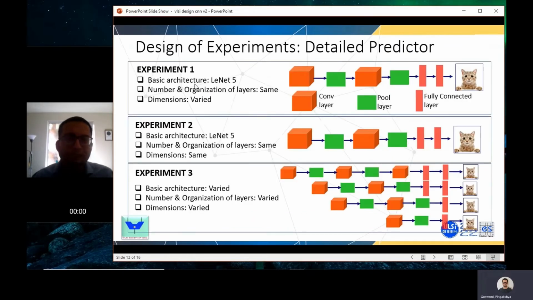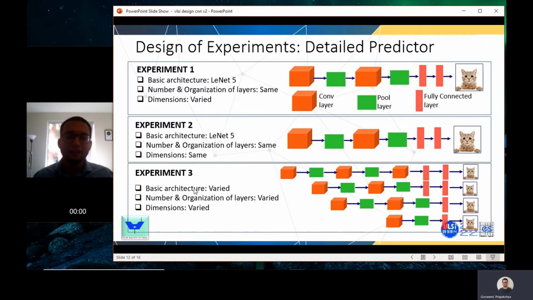We performed 3 experiments in the detailed predictor. In experiment 1, we kept the architecture the same, meaning LeNet 5, and also the number of layers fixed, but we varied the internal dimension. That means we varied the kernel size, stride size, number of input feature maps, output feature maps, etc. In experiment 2, which is similar to design space exploration, we keep the architecture fixed as LeNet 5, and also the number of layers, organization of the layers, and the dimensions are kept the same.